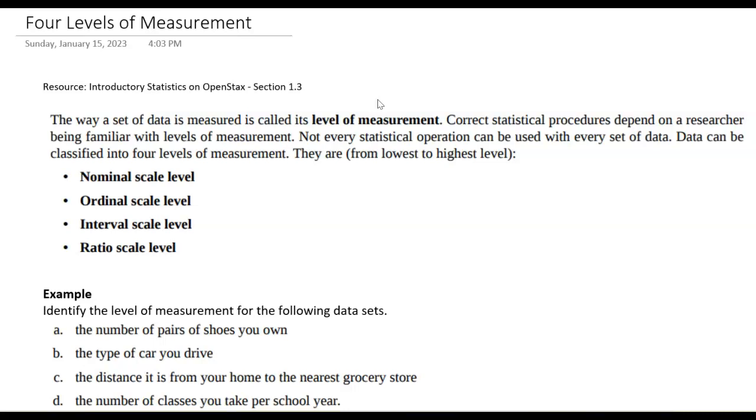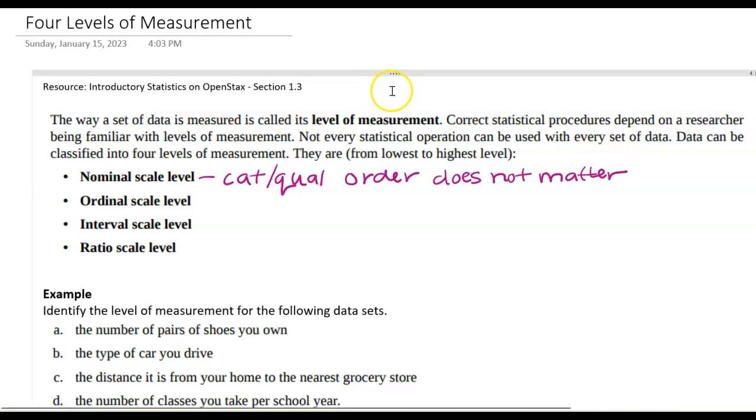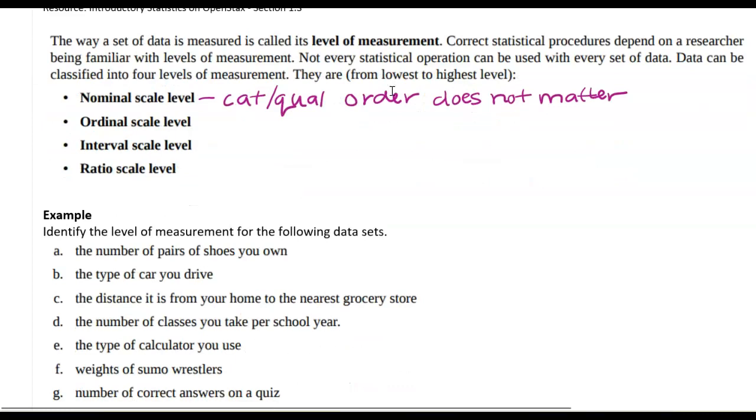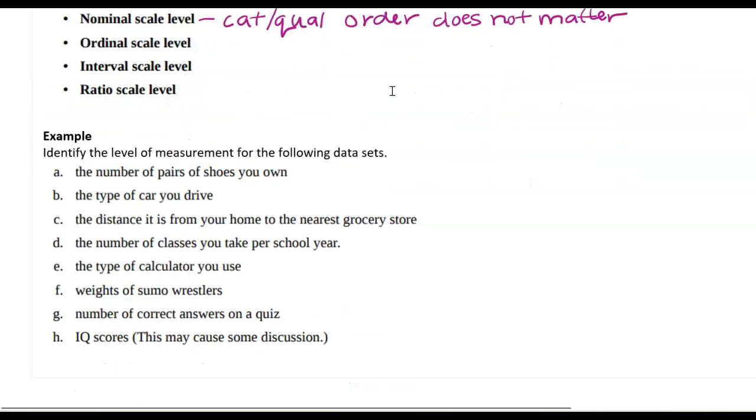Nominal is for categorical variables or qualitative variables where order does not matter. Let's take a look down at the example and see which ones of these might be nominal scale level.